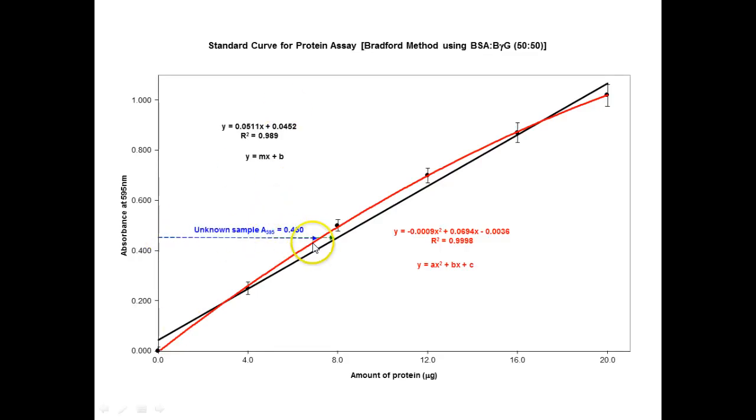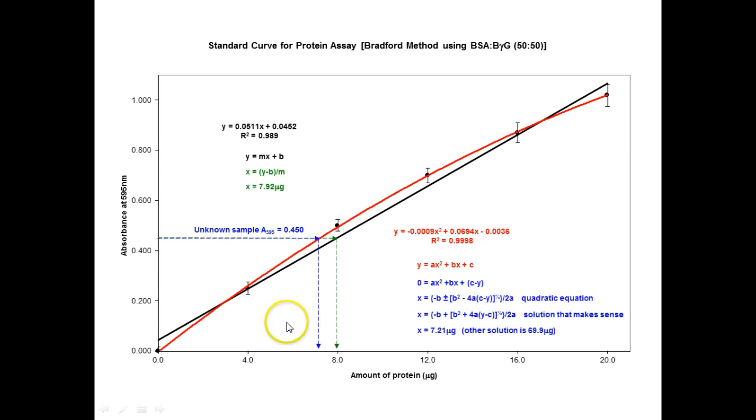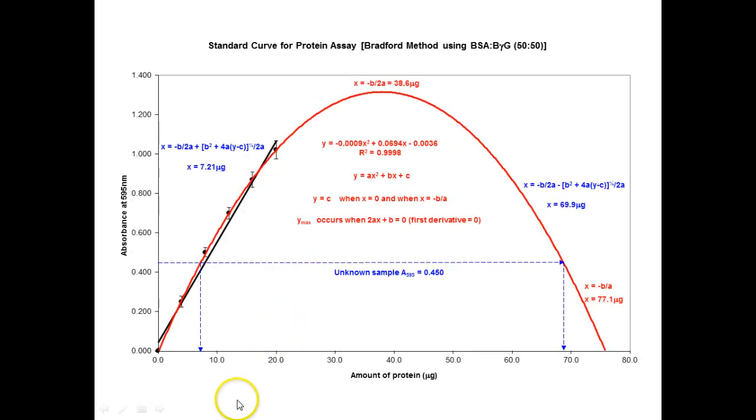For your unknown sample, you can do a linear regression, or you could do one that follows the actual dots, which will give you a more accurate reading. Mathematically, when you use the curve, you actually end up with the other side as well. Obviously, we use the side that would fall within the range.